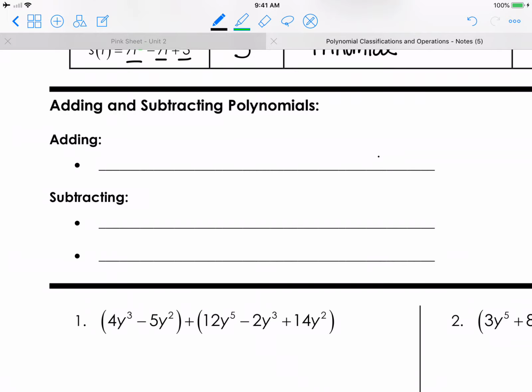So when you're adding polynomials, all we're going to do is combine like terms. We know how to do this. This is nothing new. This is just kind of organizing our stuff that we already know.